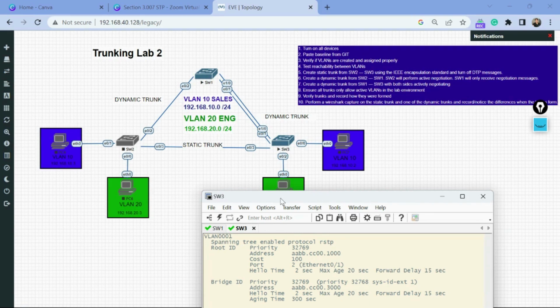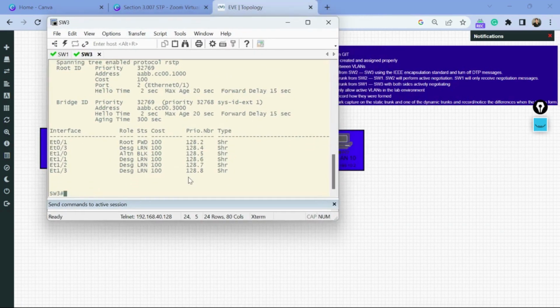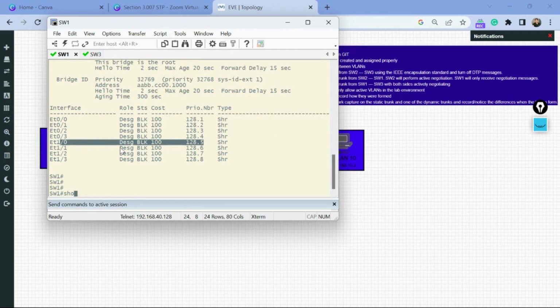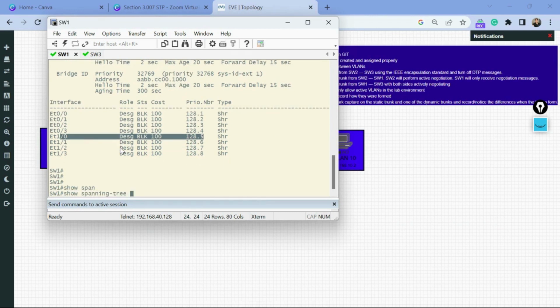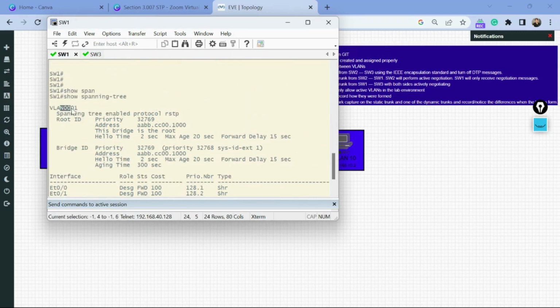And I want to show you guys what this looks like with a show spanning tree command. Okay, so we haven't gone over this fully yet, but we're in switch 1 here, and let's say we want to see the spanning tree for switch 1 and VLAN 1.